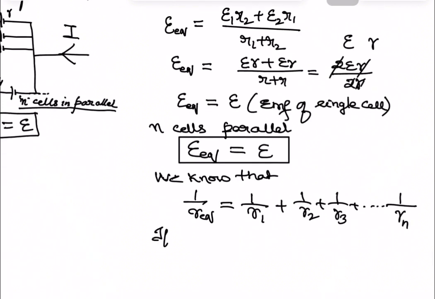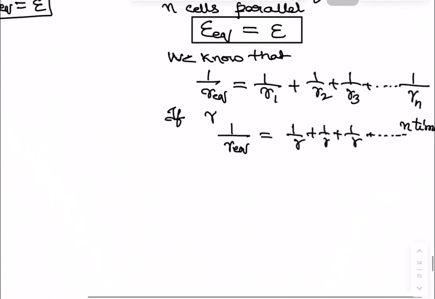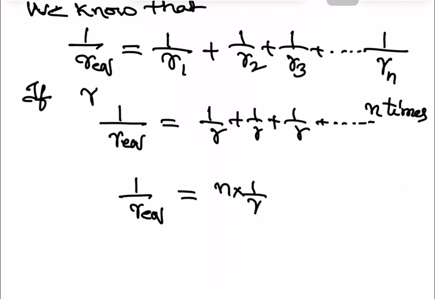If all of them have the same internal resistance, we can write 1 by R equivalent is equal to 1 by R plus 1 by R plus 1 by R, like that n times. So, if you add them, it will be equal to n times 1 by R. Therefore, 1 by R equivalent is equal to n times 1 by R. From this we can write R equivalent is equal to R by n.